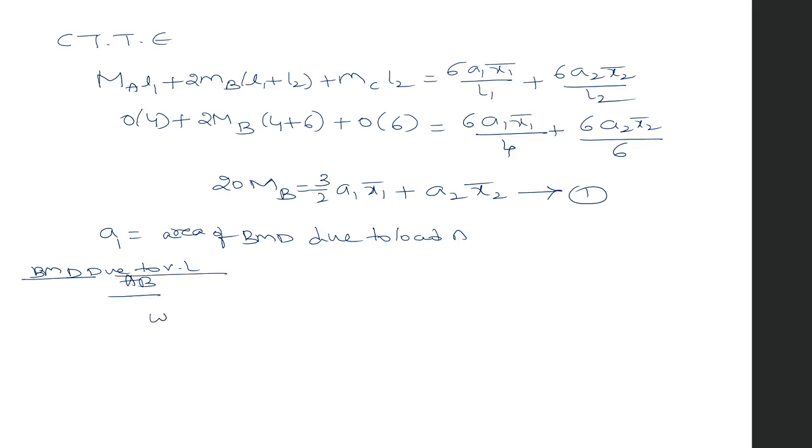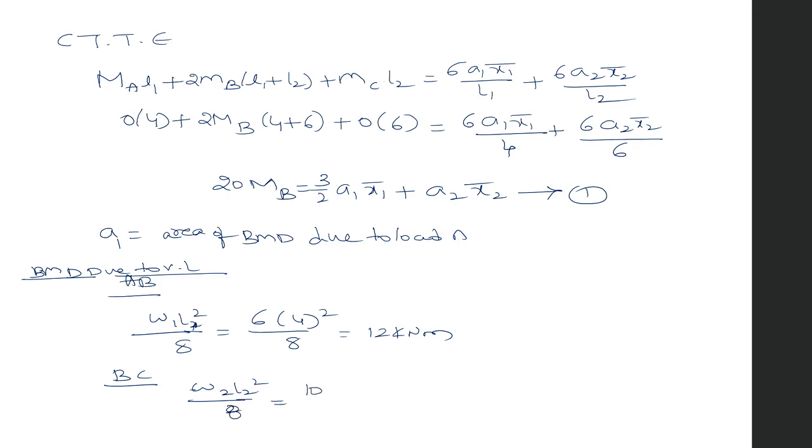On span AB, the formula for the free bending moment is W1 L1 square by 8. That means W1 is 6, L1 is 4, square by 8, so it is 12 kilonewton meter. Similarly, on span BC, a uniformly distributed load is also given. For this, the free bending moment is W2 L2 square by 8.